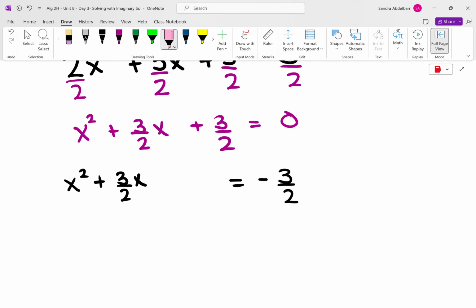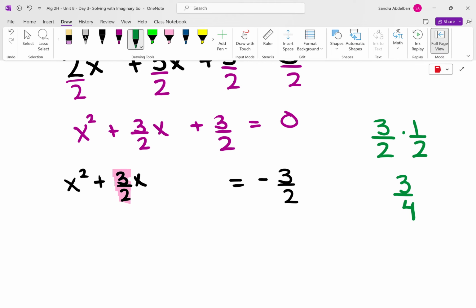The next step is you go to your x coefficient and you take half of it. Dividing by 2 is taking half, but what's it also? Dividing by 2 or multiplying by a half. That's what I'm going to do. I'm going to take 3 halves times a half. So you take half of it, which is going to be 3/4.